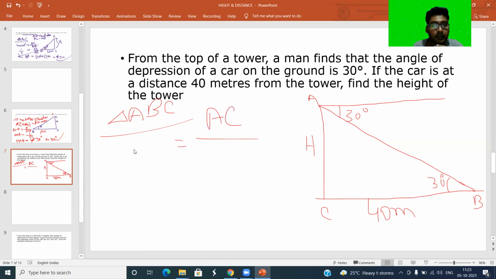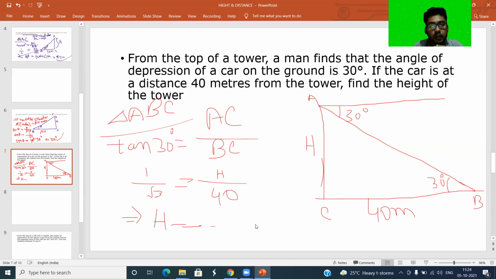AC, tan 30 degrees. If we need to find h, the AC distance, and the base is given, we need to take the tan 30 degree value. Tan 30 degrees is 1 by root 3. We know AC value is h and BC is 40. Then the height of this tower is h equals 40 by root 3.